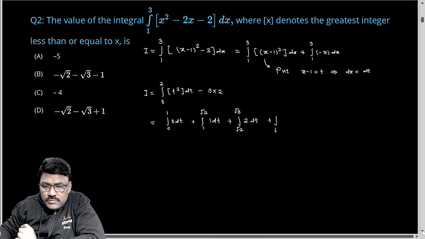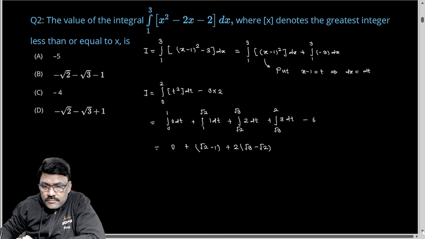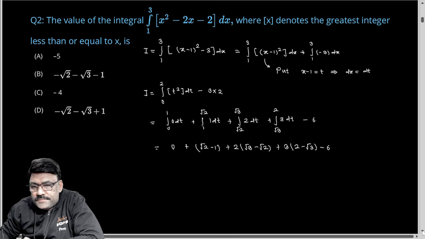And in root 3 to root 4, which is 2, integral part will be 3. And then minus 6. So now this is 0, here you are getting root 2 minus 1, 2 times root 3 minus root 2, 3 times 2 minus root 3, minus 6.